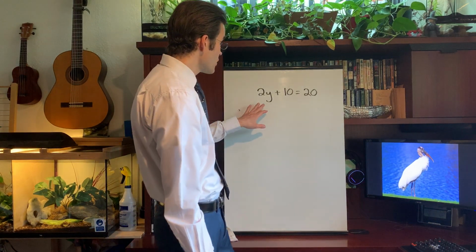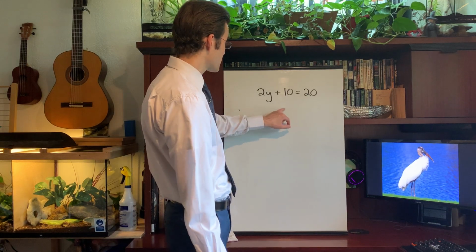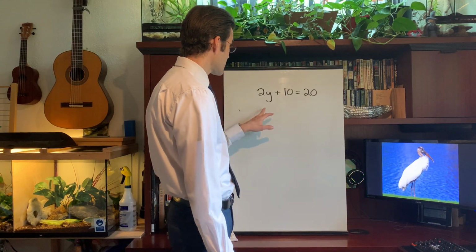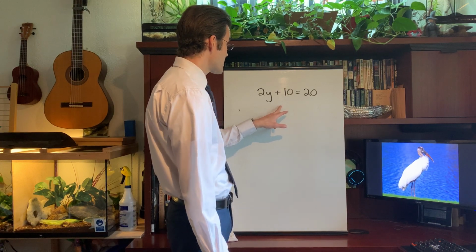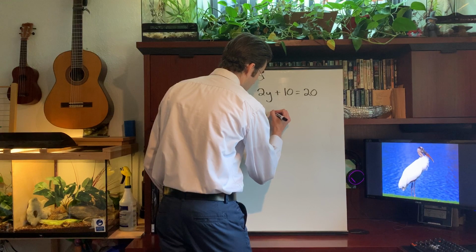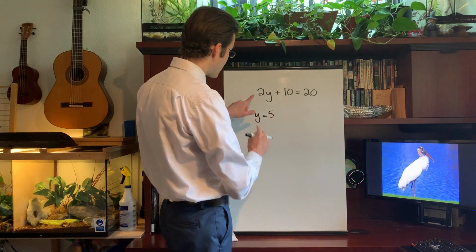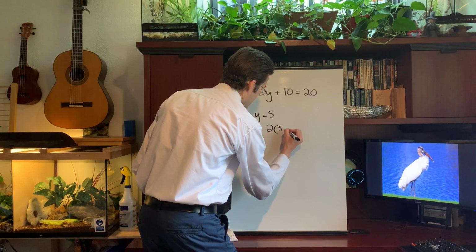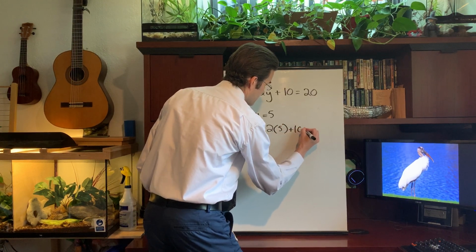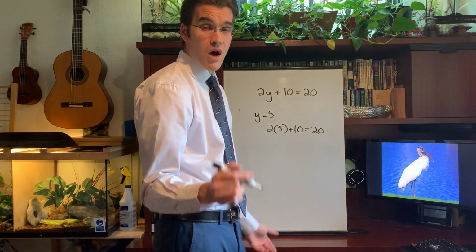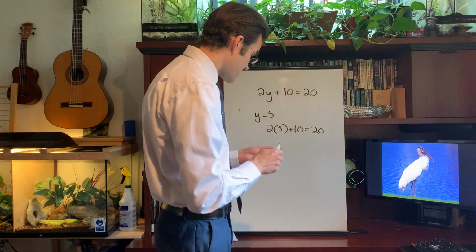Well, 2 times 2 is 4 plus 10, 14. 2 times 3, 6, 16. 2 times 5 is 10 plus 10 equals 20. So y equals 5. We'll write this out here: 2 times 5 plus 10 equals 20. I'll put some worksheets up there for you. Okay, thanks guys.